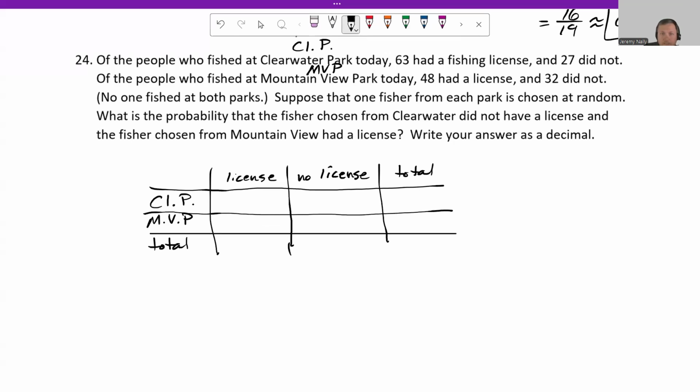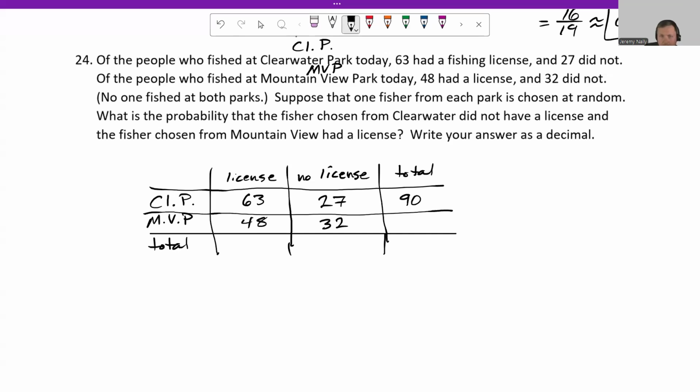All right. So Clearwater Park, 63 had a license, 27 did not. I can see that those add up to 90. And then Mountain View, 48 had a license and 32 did not.